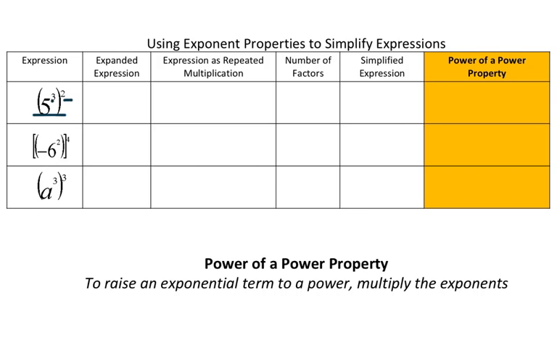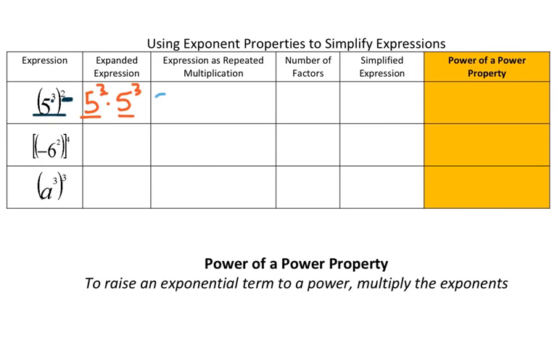When I'm talking about order of operations and I'm showing expanded form, I always do the outside exponent first. So here's what the expanded expression looks like with the outside exponent first. So it means 5 to the 3rd power times 5 to the 3rd power. So that's twice.